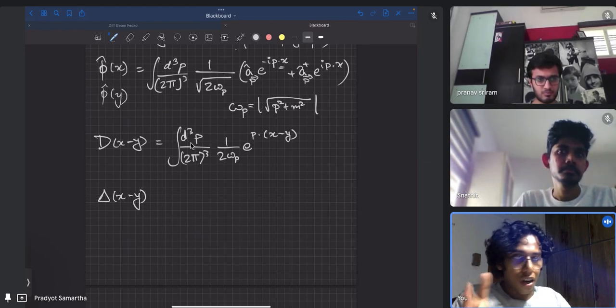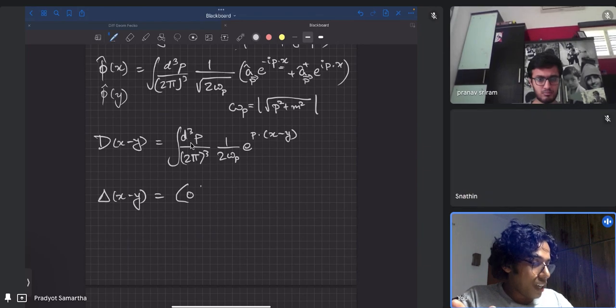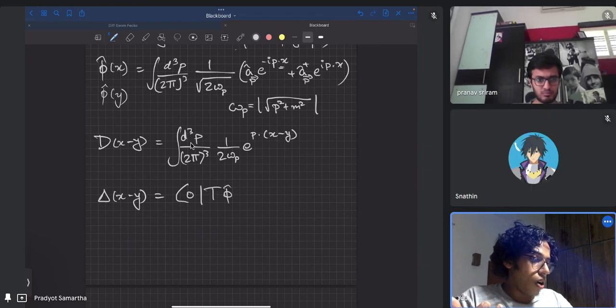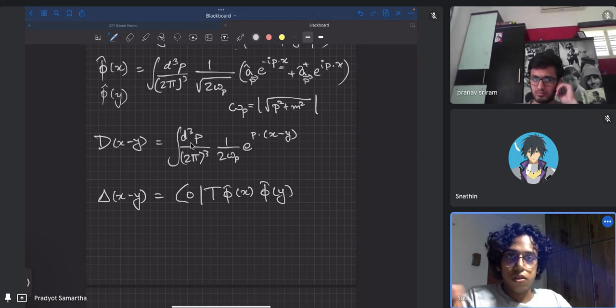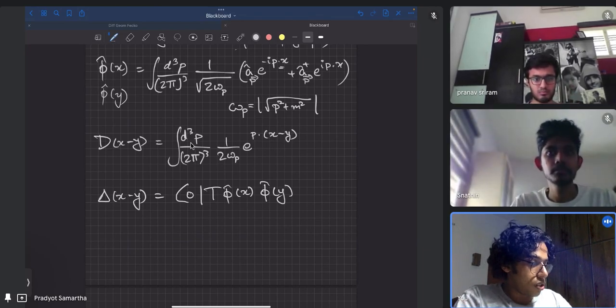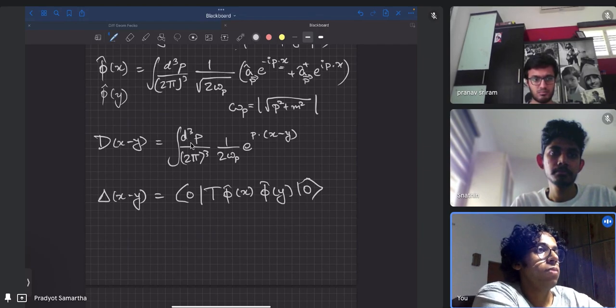So now coming back to your Feynman propagator, you can define it as a time-ordered product of the operators. So what does time ordering mean?